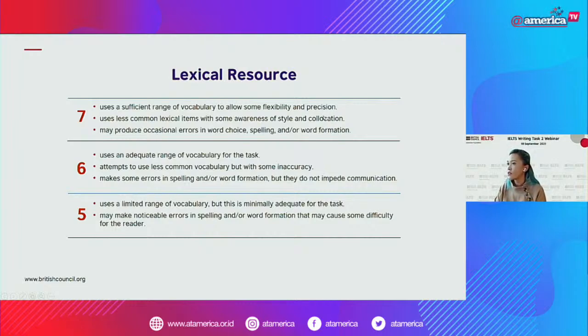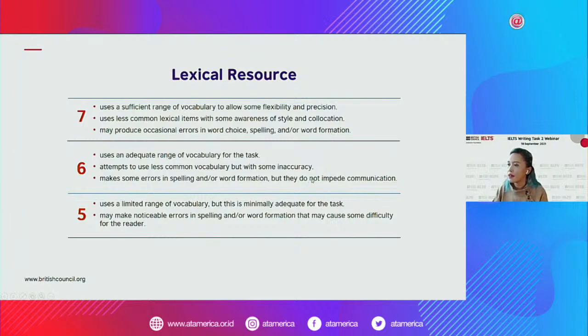Okay, right. So if you're able to use a range of vocabulary with some flexibility and precision, you'll get a 7. Less common lexical items with some awareness of style and collocation. I'll show you a sample of this later from the sample answer.